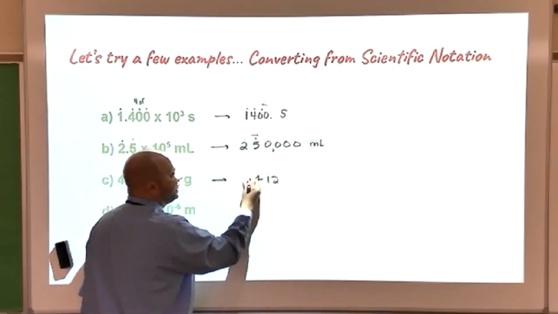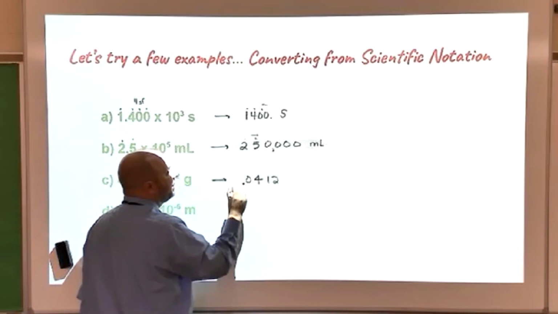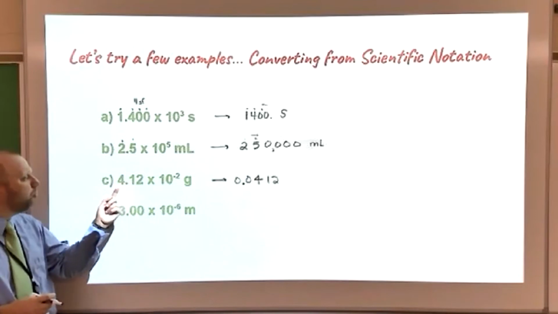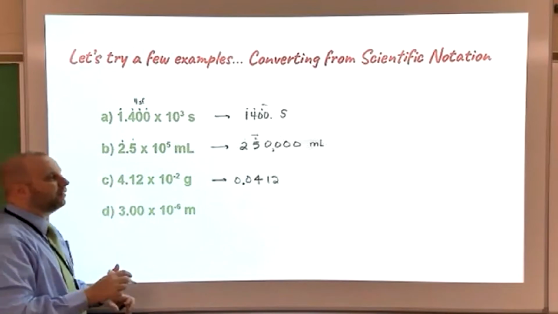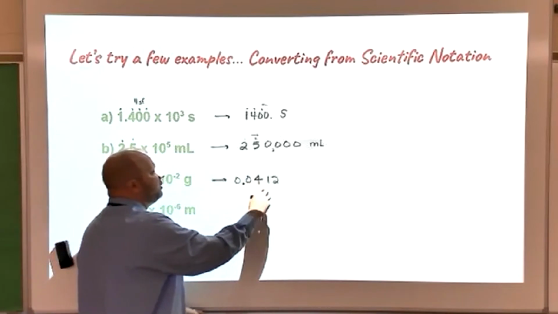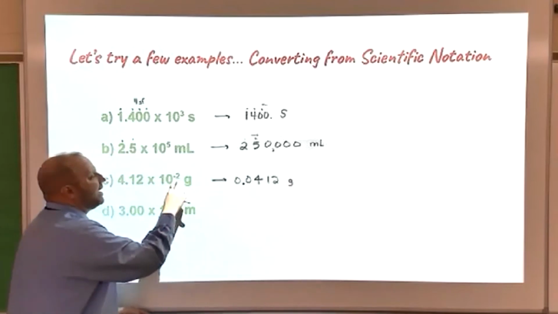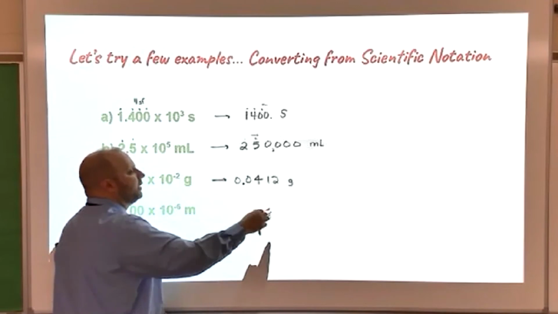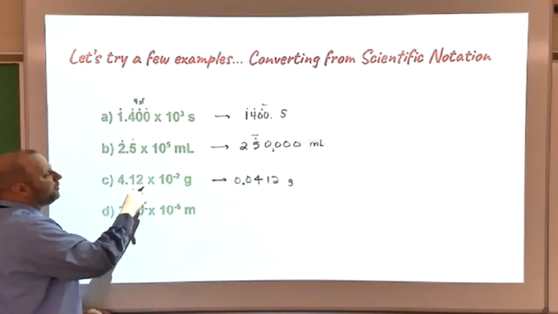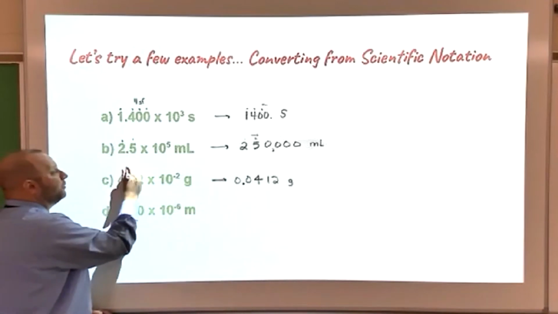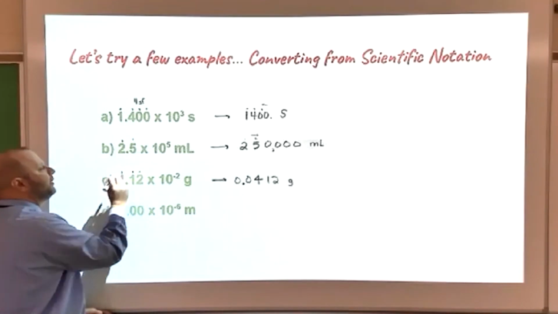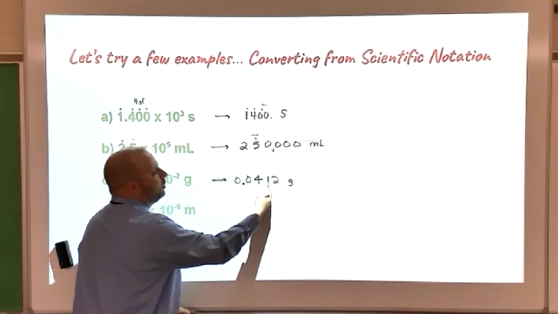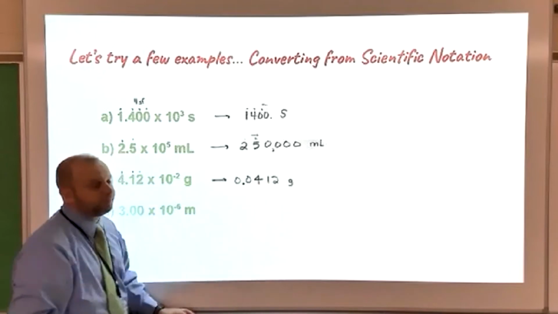Now I need to move it a 2nd spot, so I'm going to put the decimal point here. So moving the decimal 2 spots to the left gives us 0.04. That makes sense because we had a negative exponent, so our answer should be a decimal. The last thing that I want to mention, this number, 4.12, has 1, 2, 3 significant figures. This answer that we came up with has 1, 2, 3 significant figures.